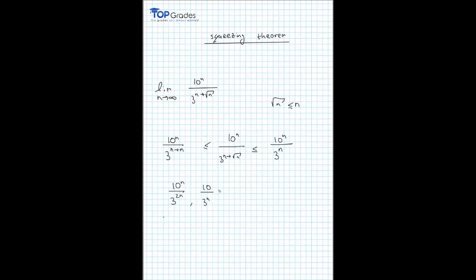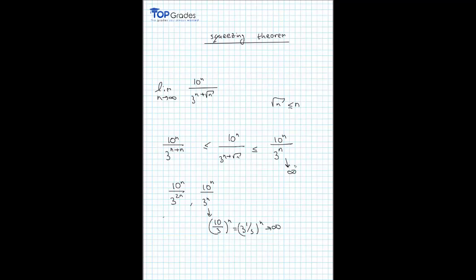How can I solve them? Of course, I can use the ratio test here. But let's take this one. We can write it as 10 divided by 3 to the power of n. The base here is bigger than 1, so it goes to infinity.